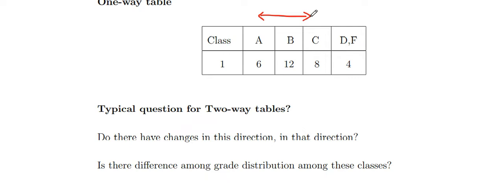We know the percentage of getting A, or the chance to get A, B, C, D or F, should not be the same, right? So we say such a question is not so interesting. They're the same or not the same.